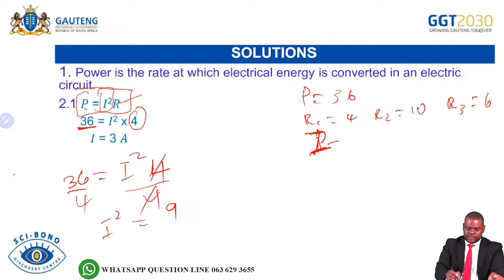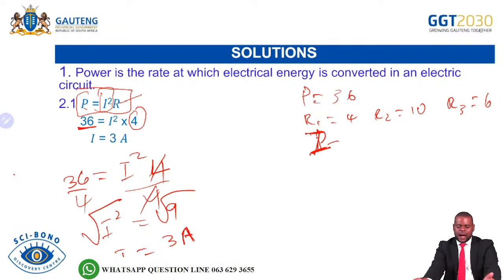It's 9, isn't it? And for me to get a 3, I have to put the square root on both sides. Then the square root of 9 is 3 ampere. Are we together, grade 12? Yes. Any question?